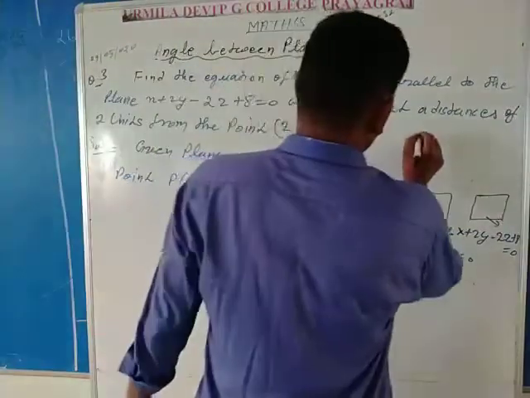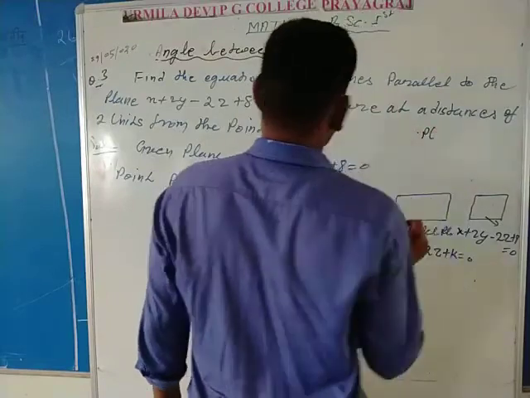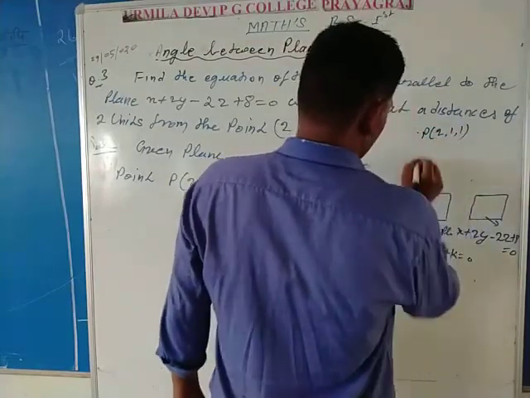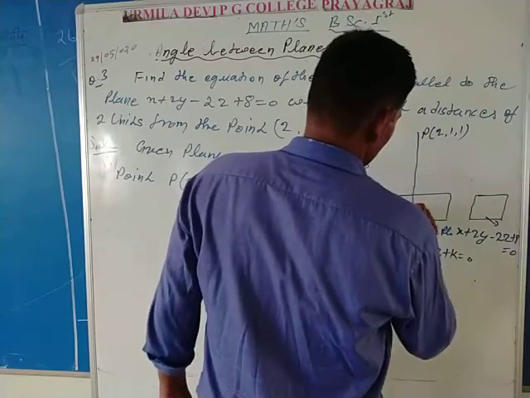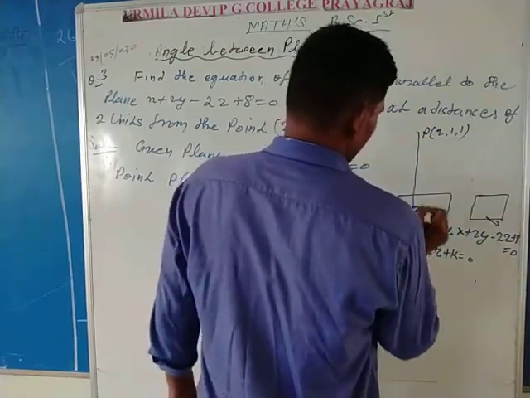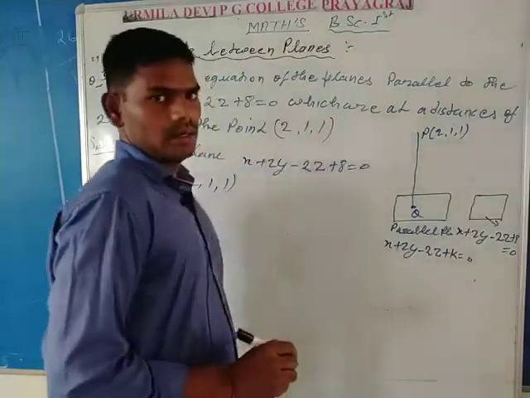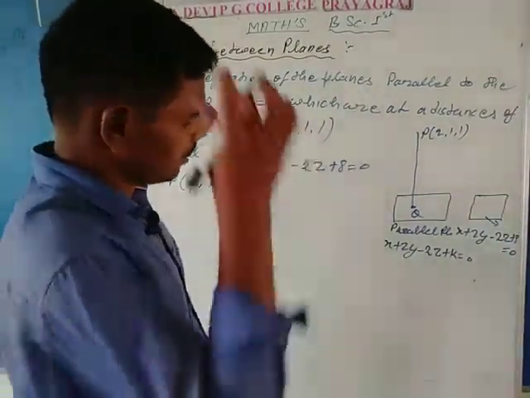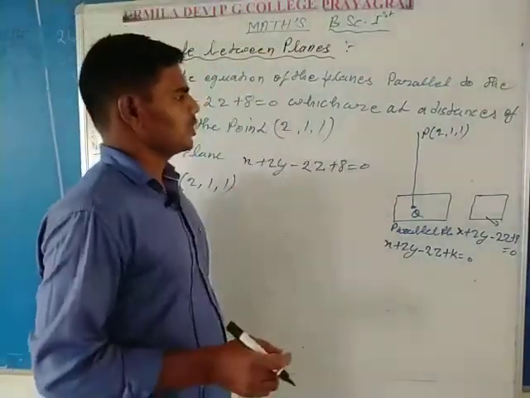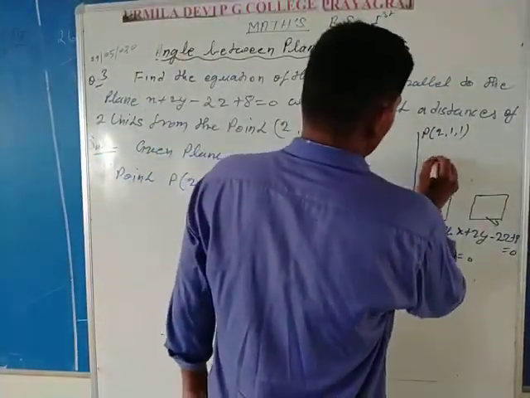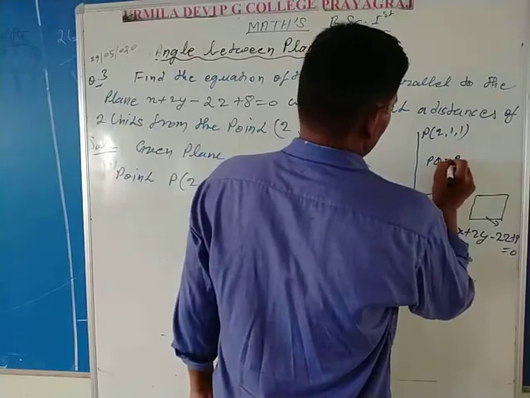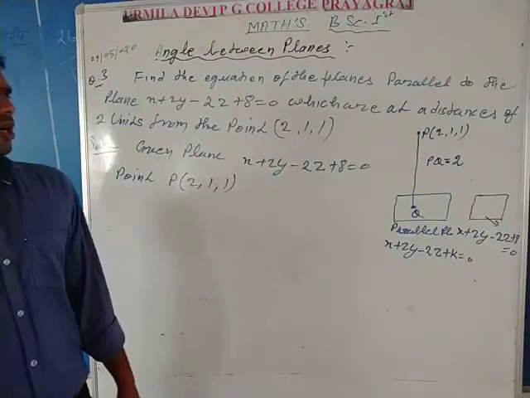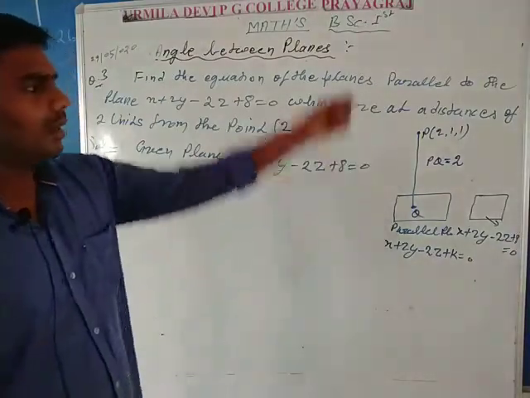Therefore, consider point P, whose coordinates are (2, 1, 1), and draw a perpendicular to the parallel plane. Suppose that point Q is the meeting point of the straight line from P to the parallel plane. According to the question, length PQ is equal to 2 units.